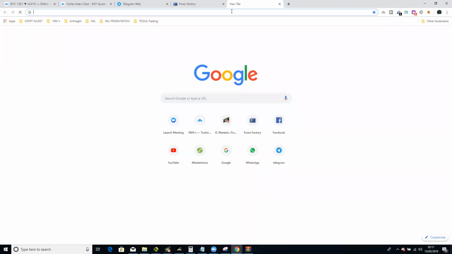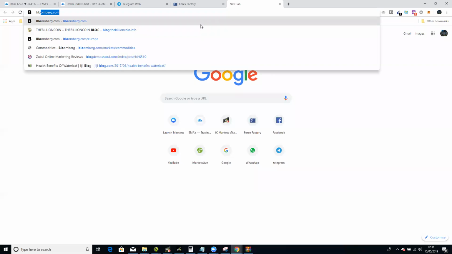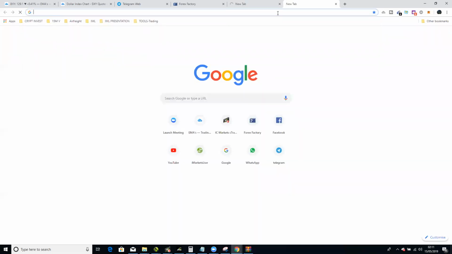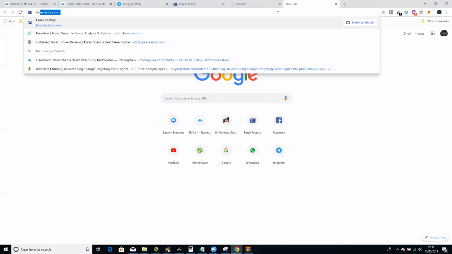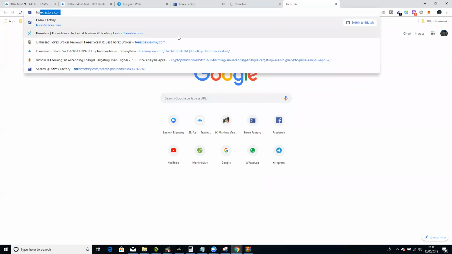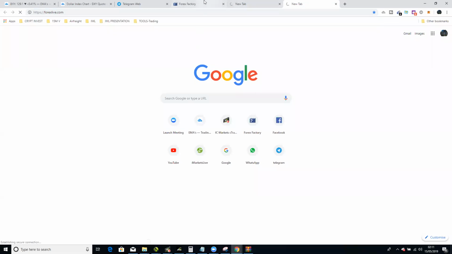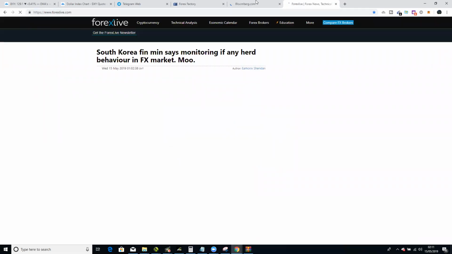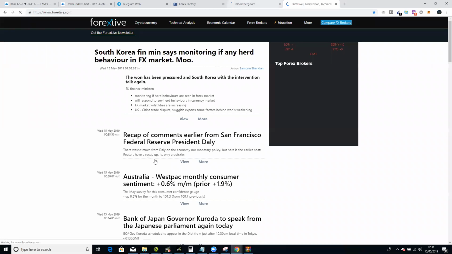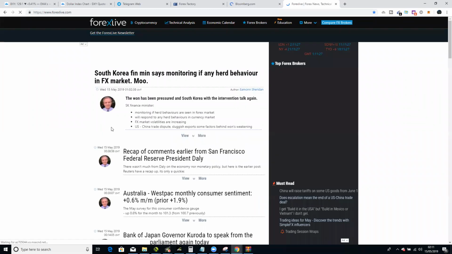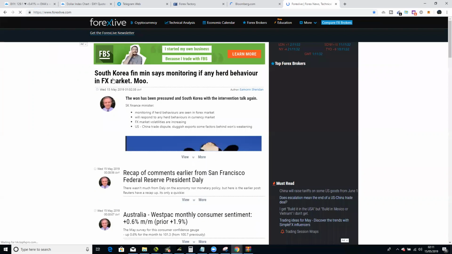The other thing that I'll do again is I can look into something like Bloomberg to see whatever is coming up. And then the third thing that I'll do is I have another website there, which is Forex Live. I just want to get myself in tune with what is going on, especially if I haven't been on my seat for the last couple of hours. Couple of things might have been going on, which will have impact in the way that price is going to be moving.